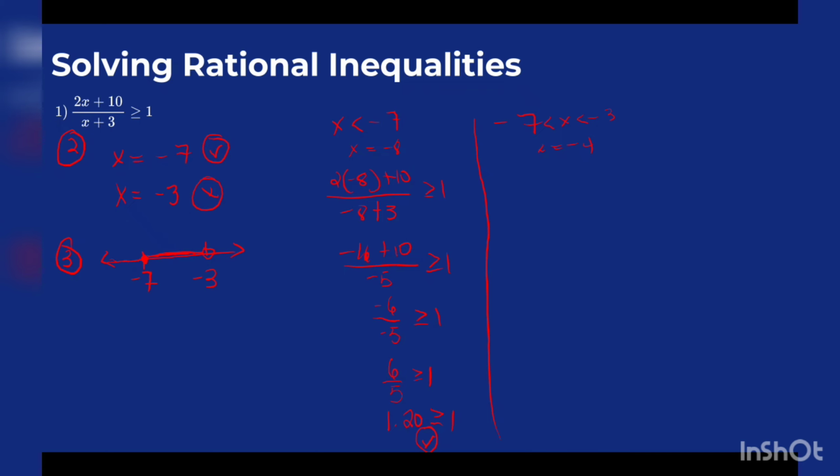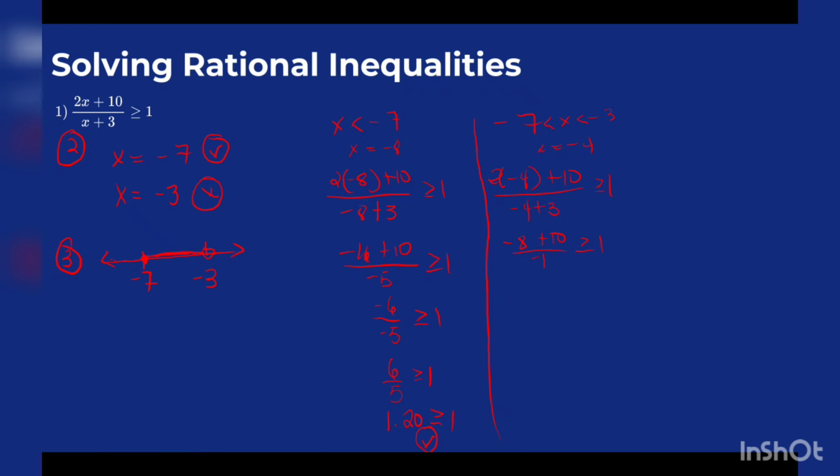Do the same thing, just substitute. So that's 2 times -4 plus 10 over -4 plus 3 is greater than or equal to 1. 2 times -4 is -8 plus 10 over -1, greater than or equal to 1.